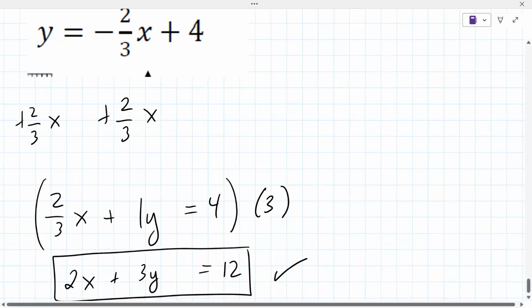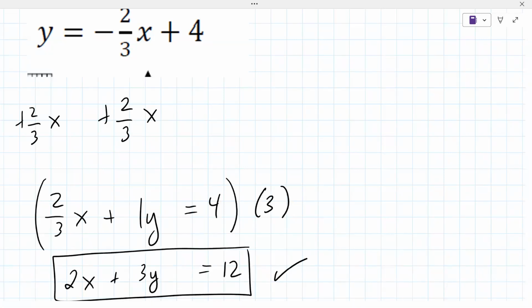Got it. Okay. If you got that, let's see if there's any. Have you try this one here.